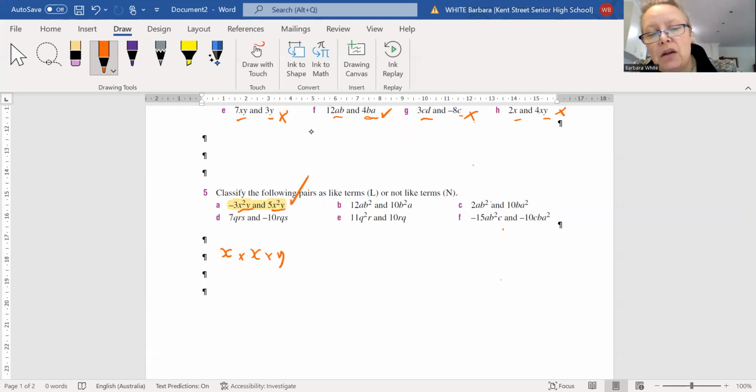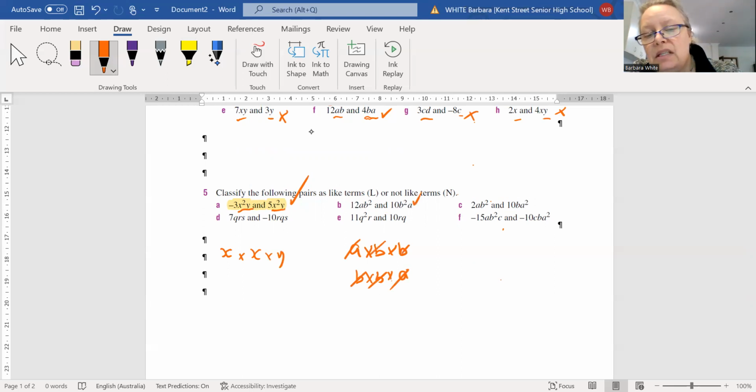AB squared is like A times B again, because B squared is B times B. This is 10 B squared A, so that is B times A. Now, do these have the same components? There's an A there, there's a B there, there's a B there. They are the same.